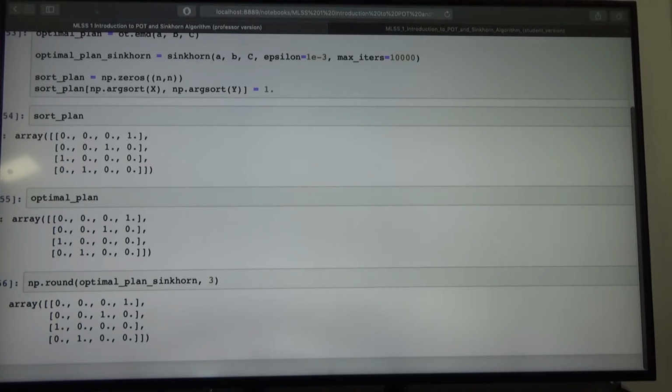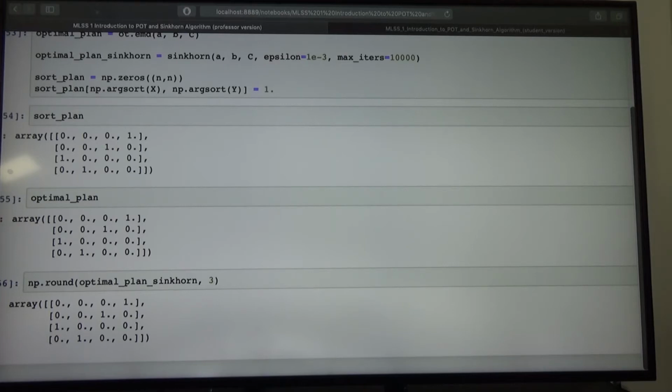So what you can do is compute everything in the log domain, to stabilize everything. In this library, if you take ot.sinkhorn, it's just going to do Sinkhorn, and you can use method equals sinkhorn_stabilized, which will stabilize the computations so that you can compute this even with a very, very small epsilon.